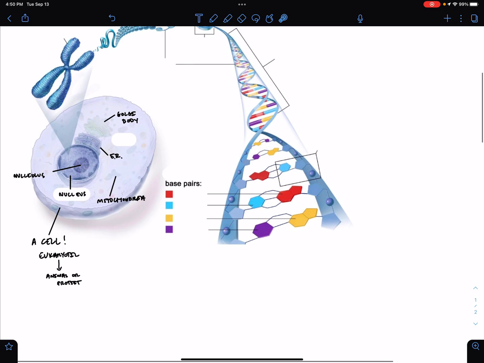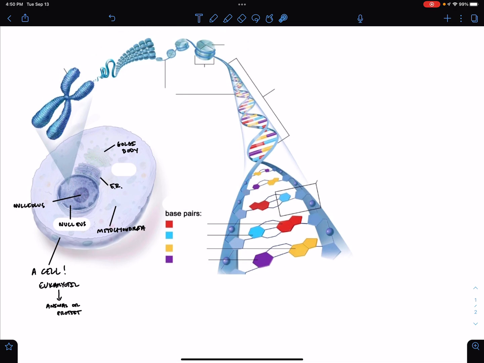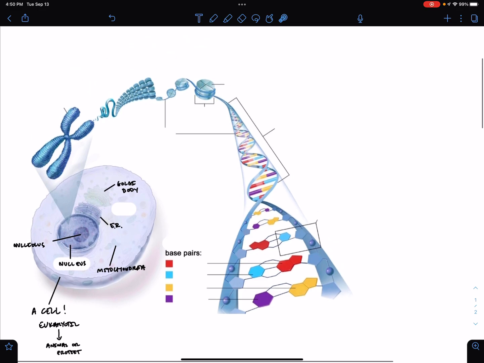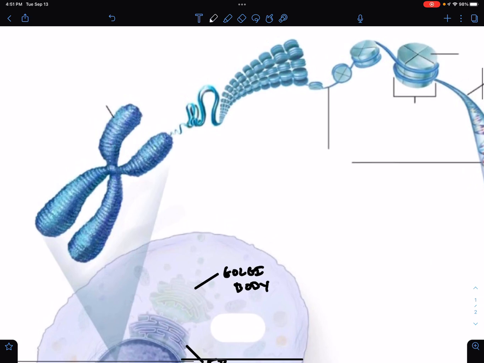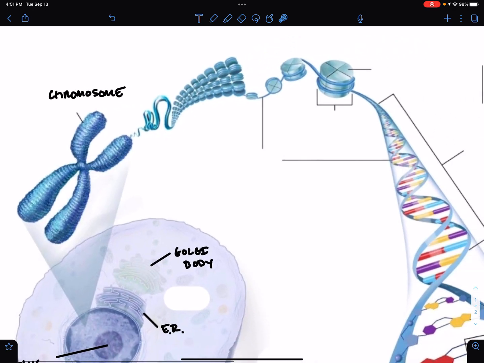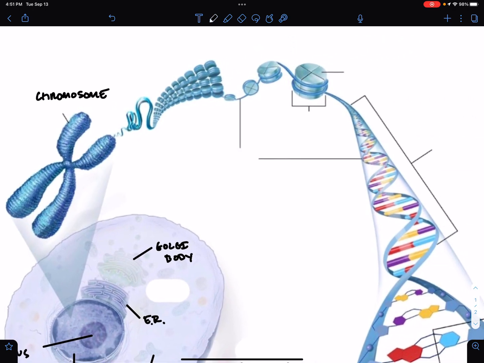Okay, so in our eukaryotic cell, we have a nucleus, and inside of that nucleus is a bunch of DNA. At a certain phase in the cell cycle, DNA tightly compacts and coils into a structure that we call a chromosome. So a chromosome is a coil of coils of DNA and protein. This is the DNA.